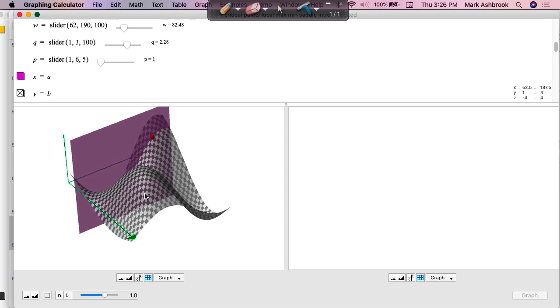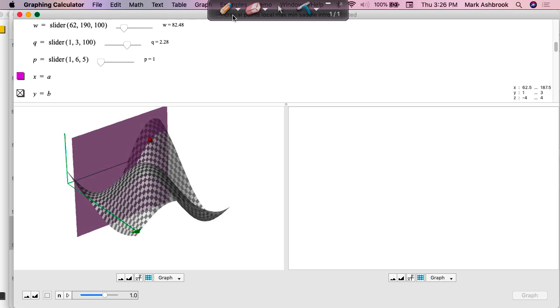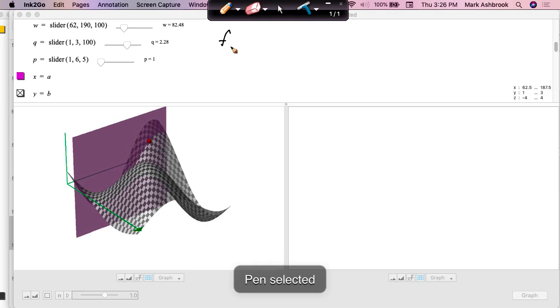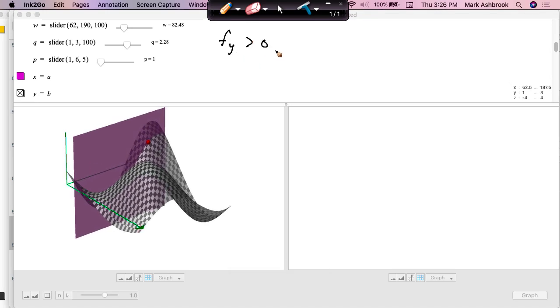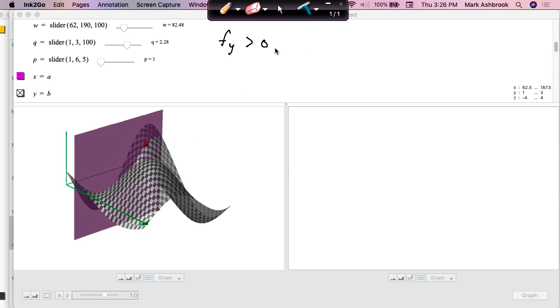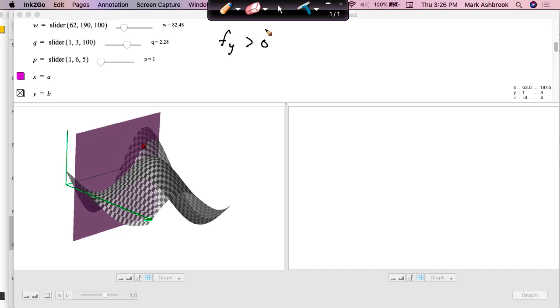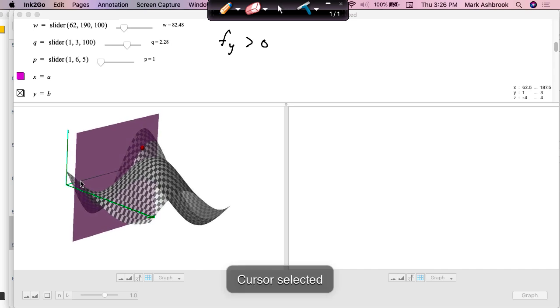Okay, so what did we say the partial with respect to y was, positive or negative before? So you said it's increasing. Nope, it's not the rate of change that's increasing when you're talking about this. It's just the z value, right?